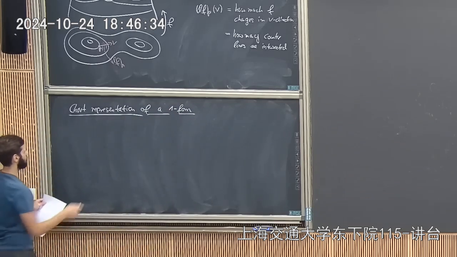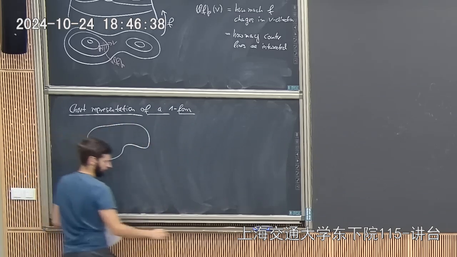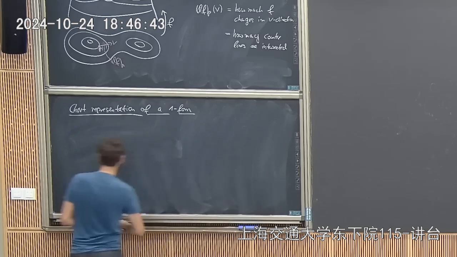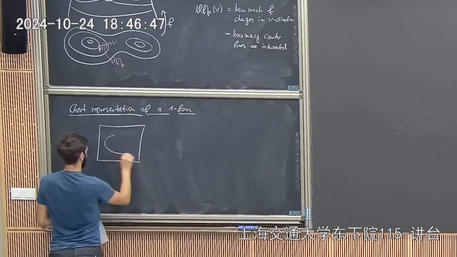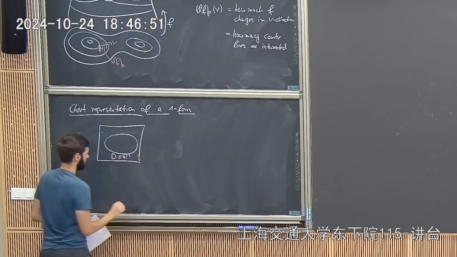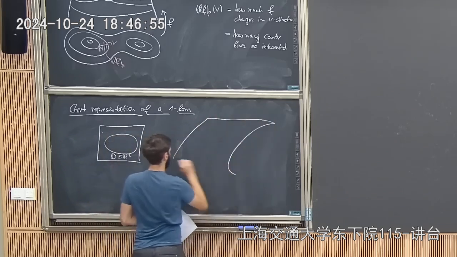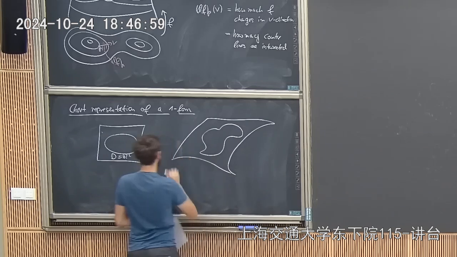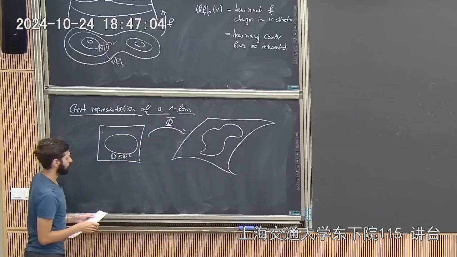So the picture is the following: we have a certain open subset of R2, and we have our curved surface, and we have a chart in between these two objects.